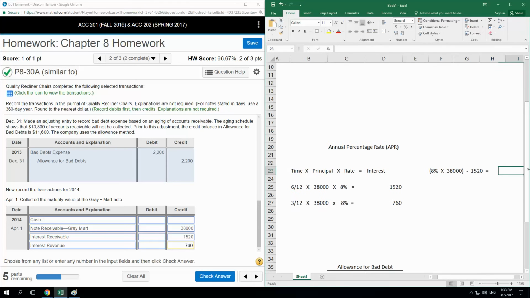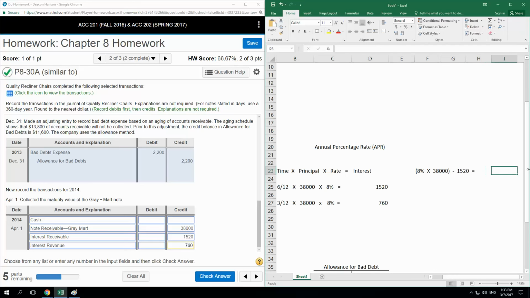Let's see if that gives us the same 760 that we worked out over here. We'll just go 0.08 times 38,000 minus 1520. Wait. My math is off. You know what we didn't do?